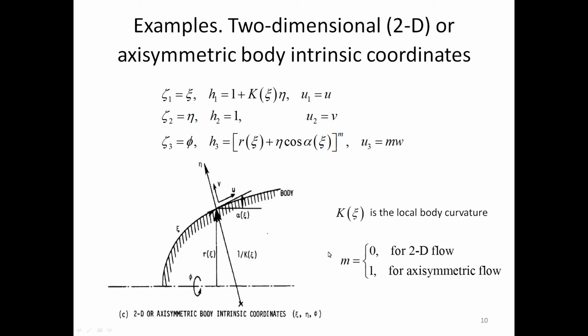Here k of xi is the local body curvature, r of xi is the cylindrical radius, and m equals 0 for plane 2D flow and 1 for axisymmetric flow.